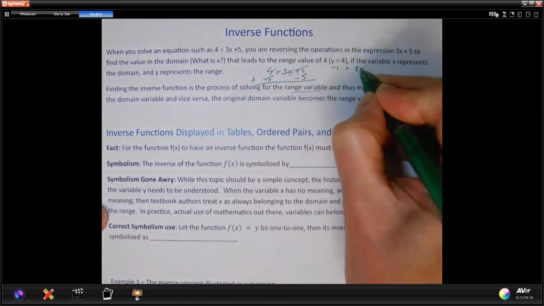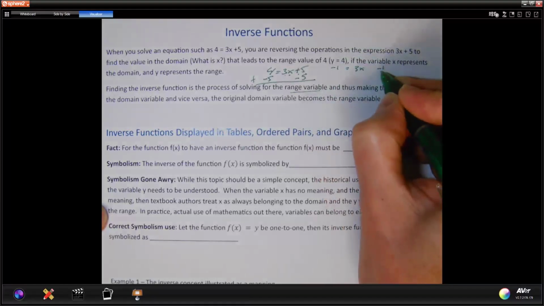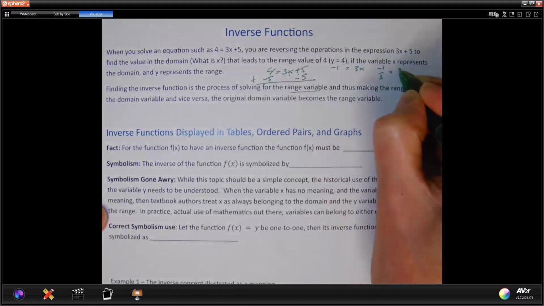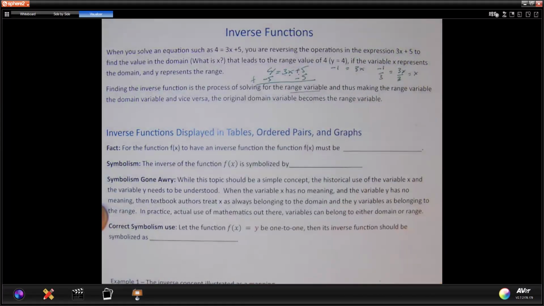Here we get 3x. And now I'll divide both sides by 3 instead of multiply. So everything is reversed. And that's what allows me to find now the value of x. Okay, so inverse operations just means reversing everything, the current state of operations, and reversing them.